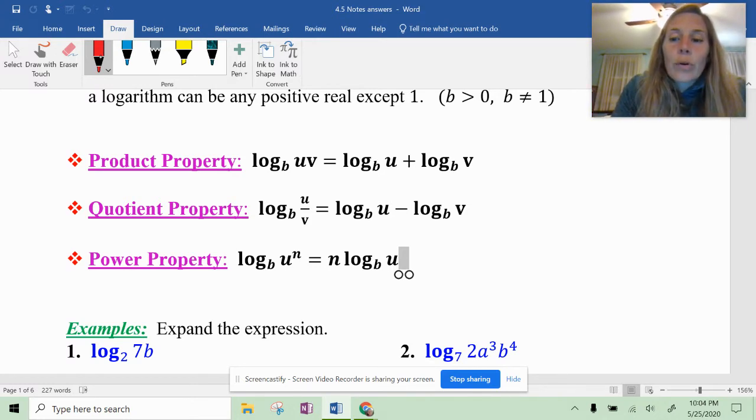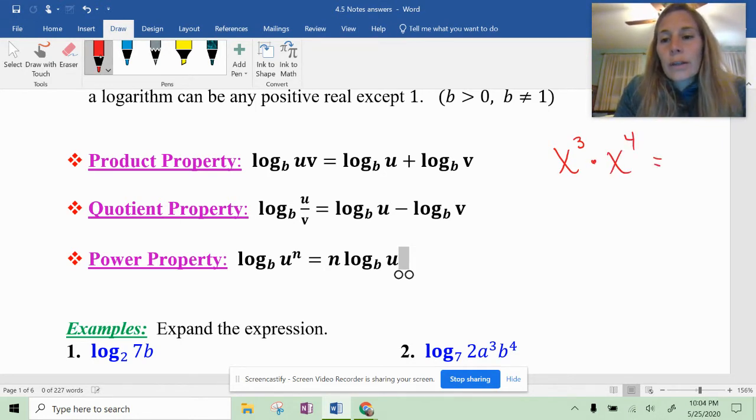If you remember when we did x to the third times x to the fourth, you were adding those exponents. It's similar to that. You're adding the 2 logs to get that combination.